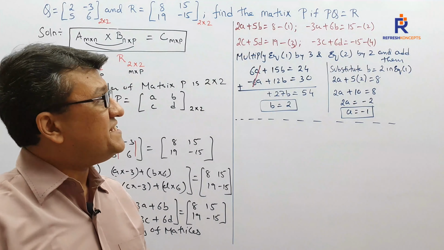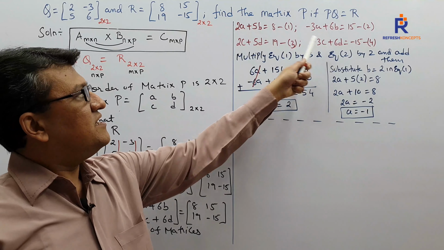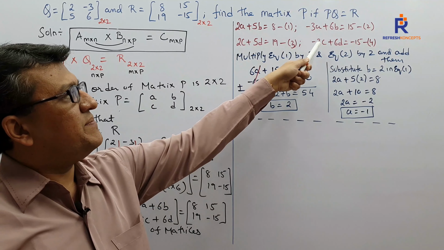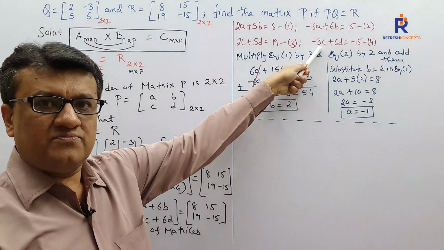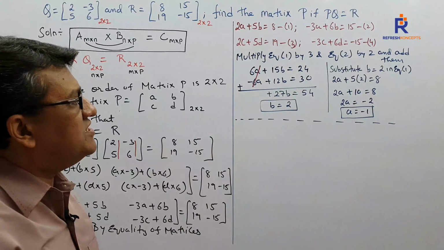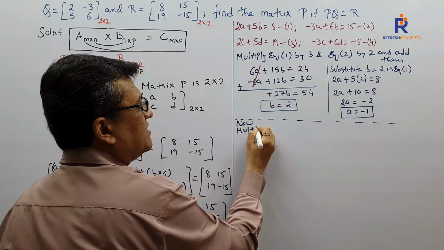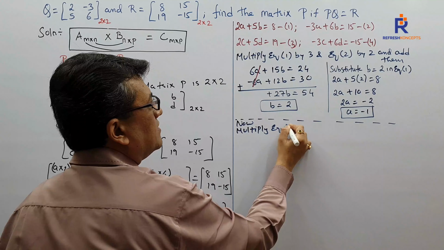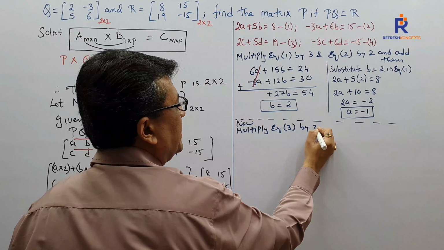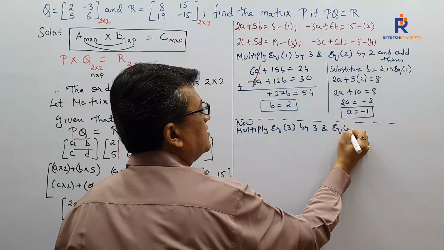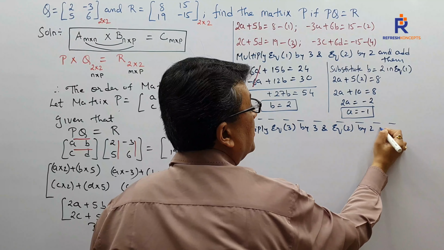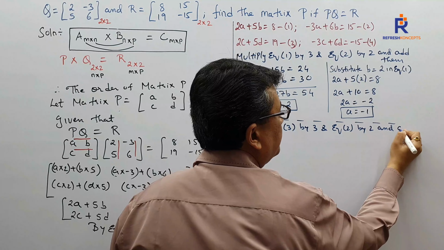On the same lines, if I multiply this by 3 and this by 2, will it work? Absolutely. Now multiply equation 3 by 3 and equation 2 by 2 and add them.